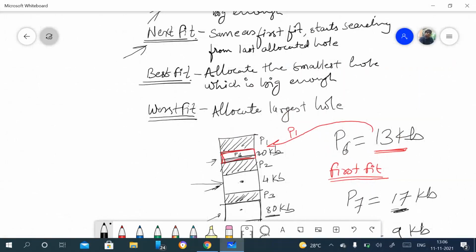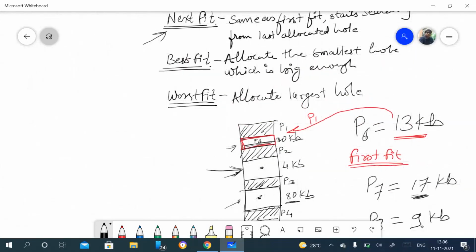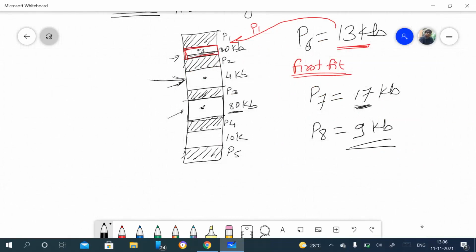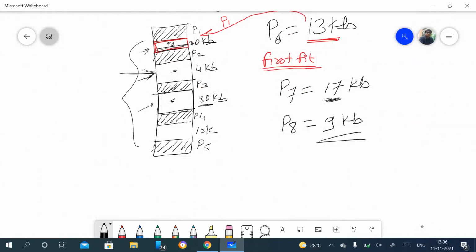When we consider next fit, it will start searching from here, and again it will keep into this. And in best fit, where will that 9 kb be stored? It searches all the slots, and from these it finds the minimum slot which is big enough.